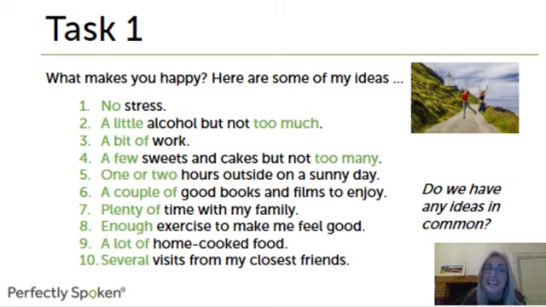So that tells us that a little is used only with uncountable nouns. So look at those: no, a little, too much, a bit of, a few, too many, all of those in green. Can you classify them? Ones you can use with countable nouns, ones you can use with uncountable nouns, and ones you can use with both. Okay, stop the slide here.